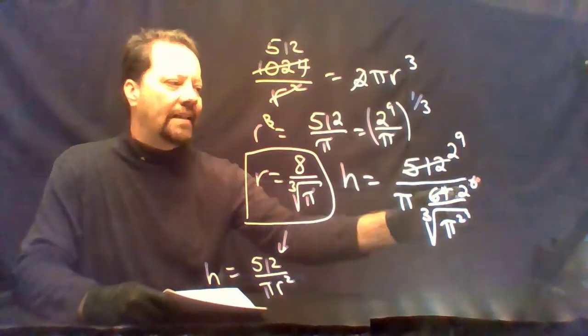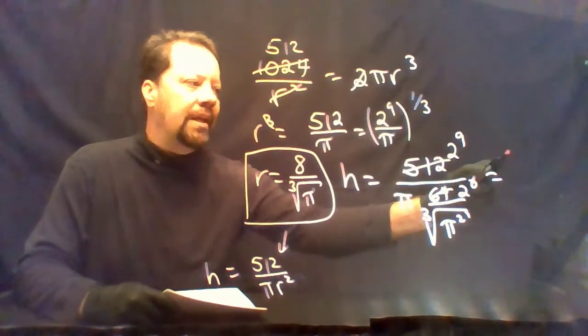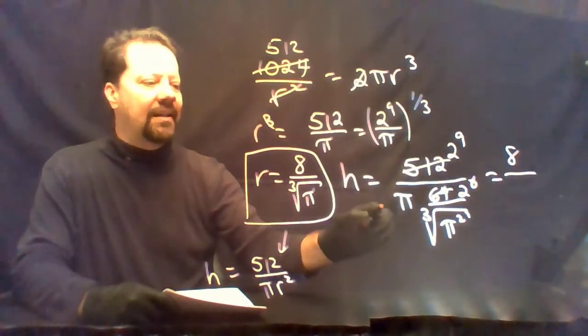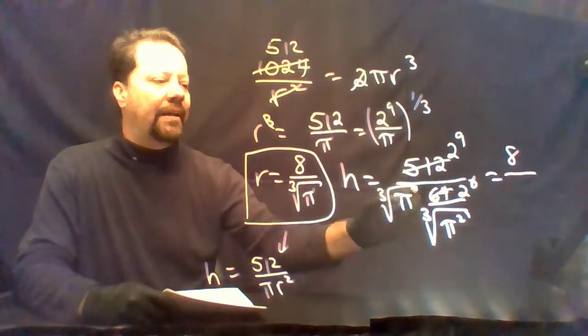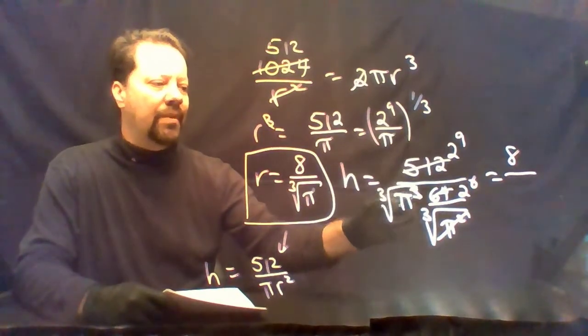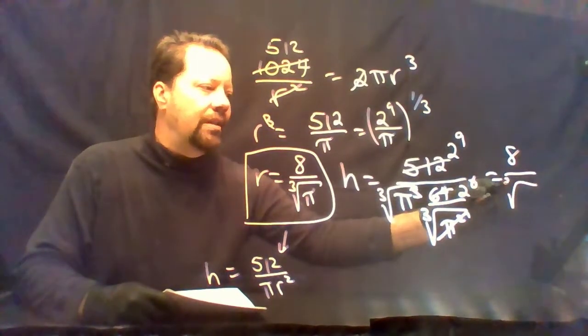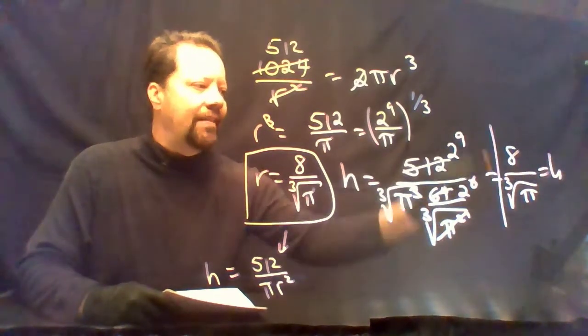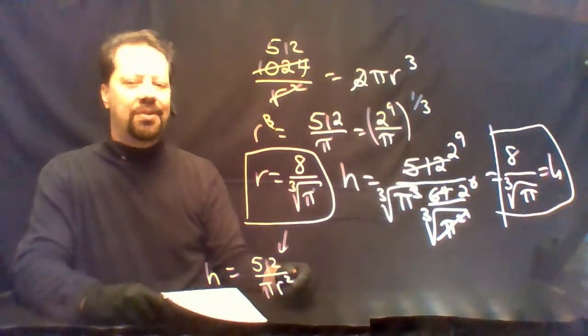We can subtract exponents and get 2 to the power 3, or 8, over pi is the cube root of pi cubed. If we cancel 2 of those factors with 1, we end up with the cube root of pi for h, and that's the other part of our solution.